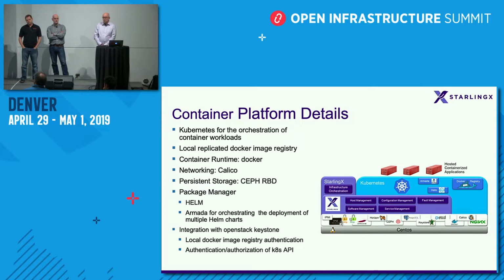For persistent storage, we're leveraging ceph RBD. We've pulled in Helm as our package manager, as well as the Armada component from Airship for the management of more complex applications comprised of multiple Helm charts. We're also leveraging OpenStack Keystone for our registry authentication and for authentication and authorization of the Kubernetes API.